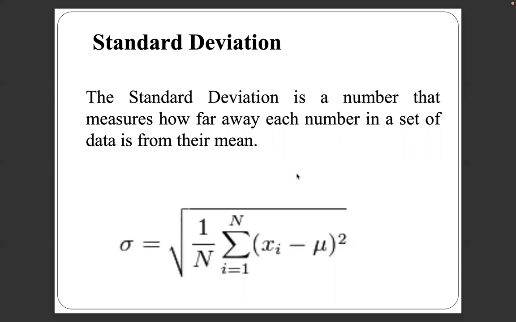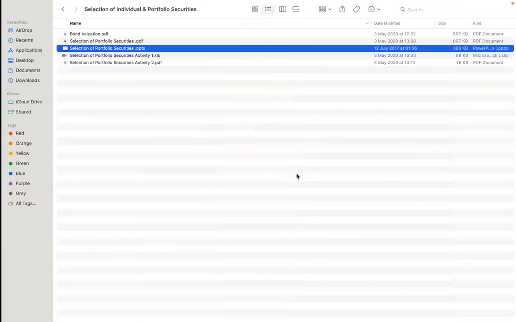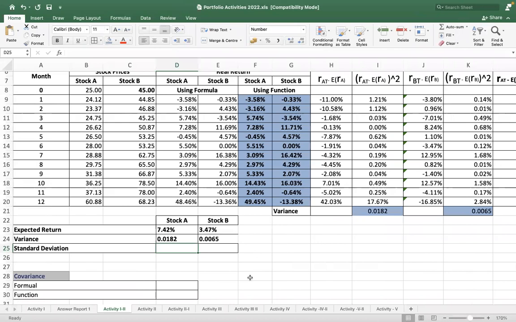It's kind of an average value. The higher the standard deviation, that means our returns are highly fluctuated. So then the risk is higher, right? So then standard deviation can be calculated.